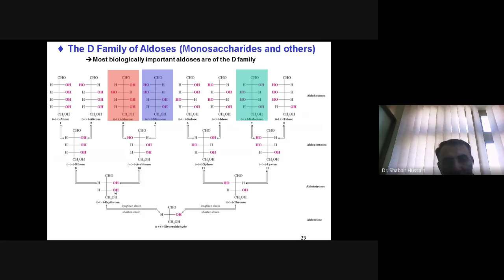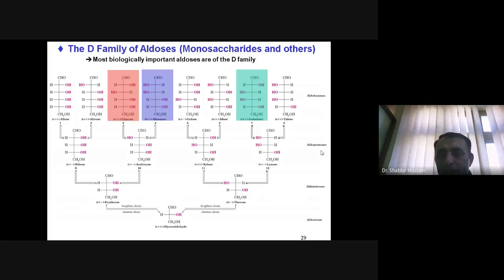The configuration of both hydroxys on the same side. Therefore, these are called erythrose. On the other hand, threose, this terminology is most frequently used if these hydroxys' configuration is opposite to each other, right? Therefore, in threose the configuration of both hydroxys is opposite to each other.